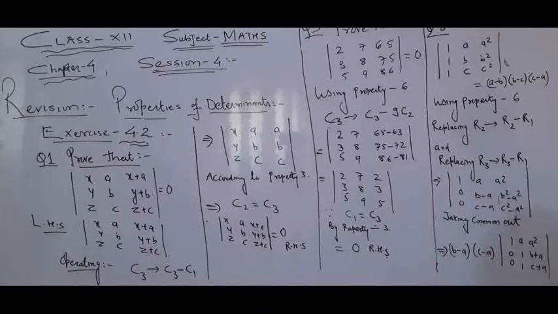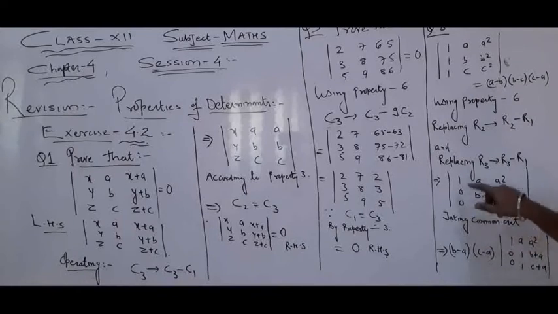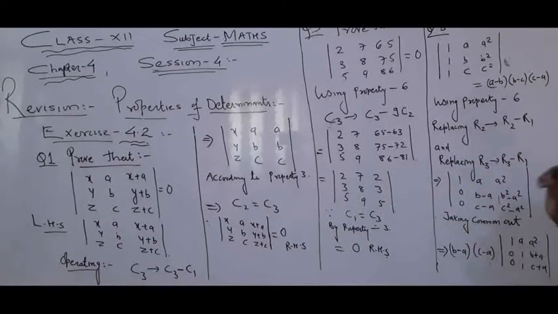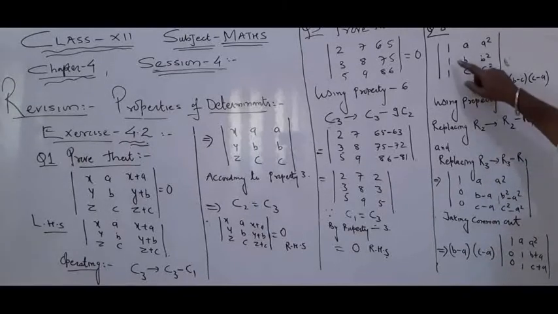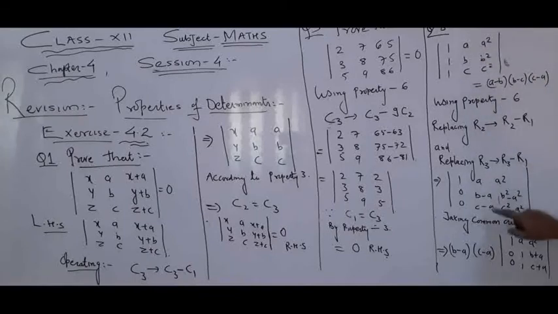So come on, what will it be? 1 minus 1 is 0, then b minus a, then b square minus a square. Similarly 1 minus 1 is 0. As soon as you find 2 zeros, be happy, the answer follows immediately. That is our target. So 0 0 here, b minus a, c minus a, b square minus a square, c square minus a square. So you got this step.